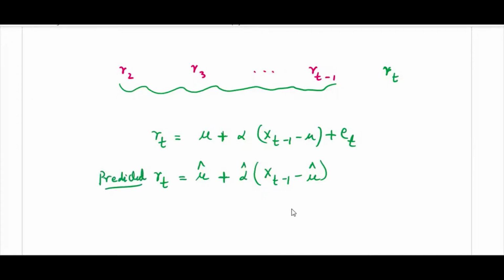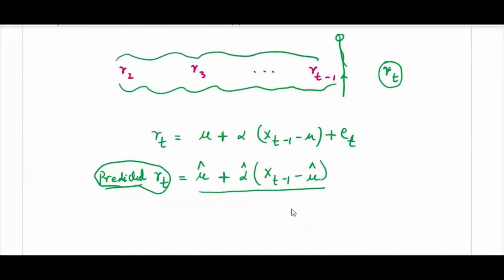When you write predicted, it is because data is available up to this, and we are predicting this one. This symbol Rt you can use for the exact Rt that will be available when time t comes. Now we don't know, so predicted Rt will not use the error. We'll go to the general method, but now remember this will be our answer, and you get mu cap. You have to estimate using the data available, but in the model, after substituting the estimated values, you need only R(t-1) here.